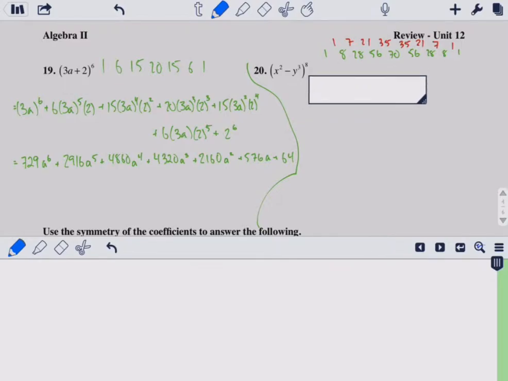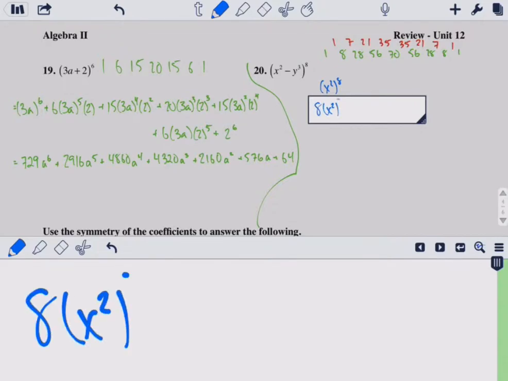Let's go piece by piece. Let's just do x squared to the 8th. And then it's 8x squared to the 7th.